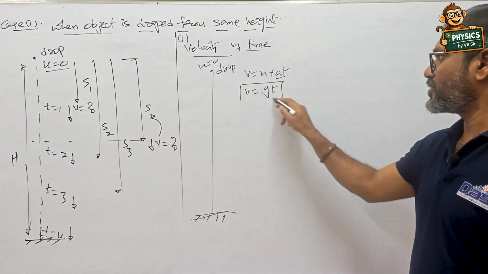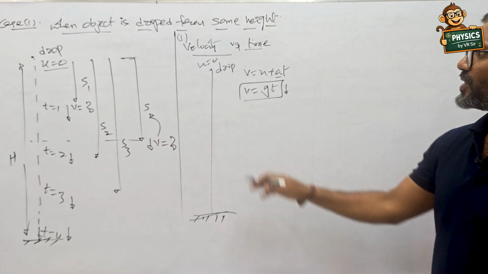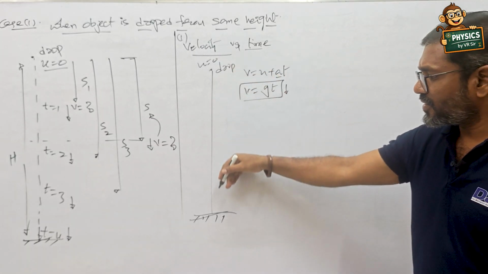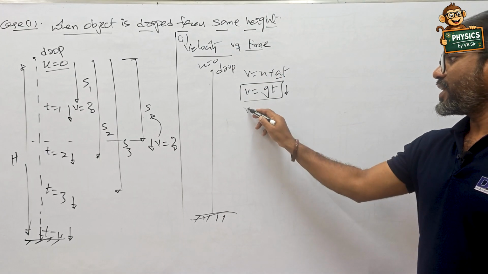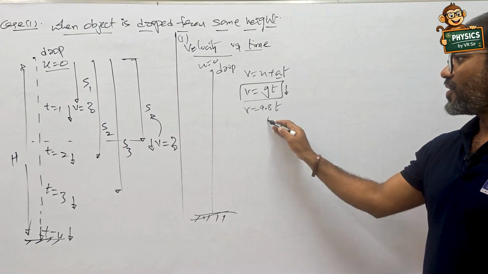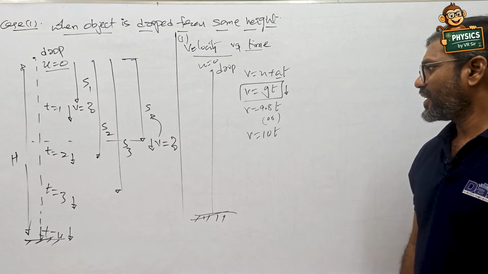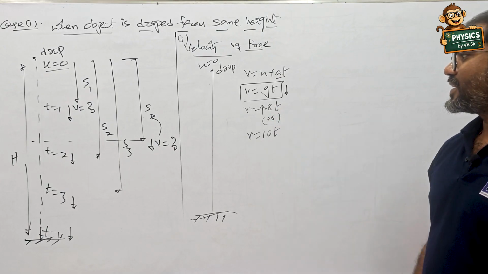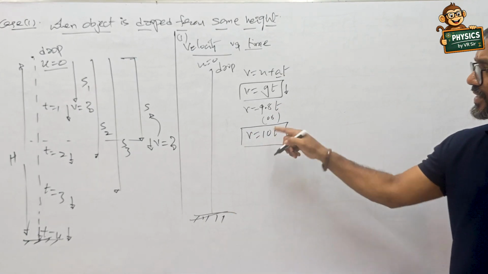So v = gt, and it is downward only, from the moment it starts moving and as it keeps moving downward. In general v = 9.8 × t, or for simplification we can take the value of acceleration due to gravity as 10. So this is the equation for velocity at any time.